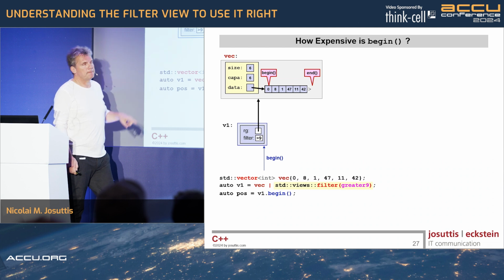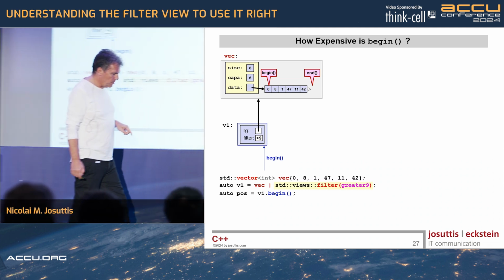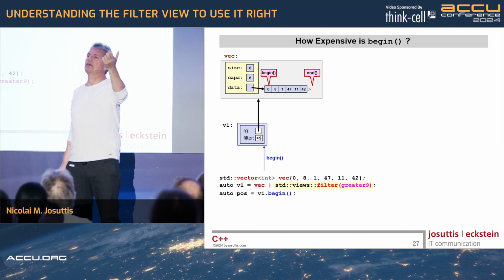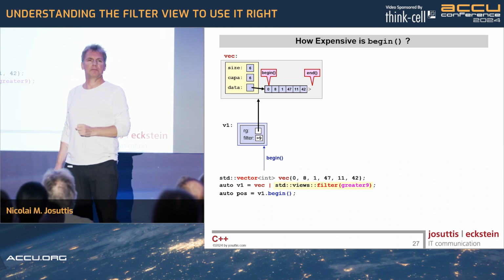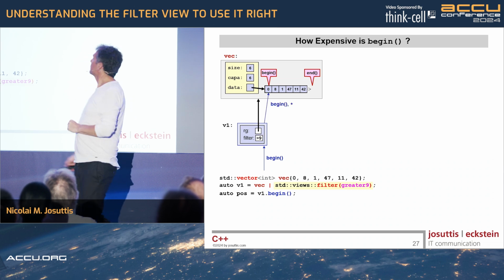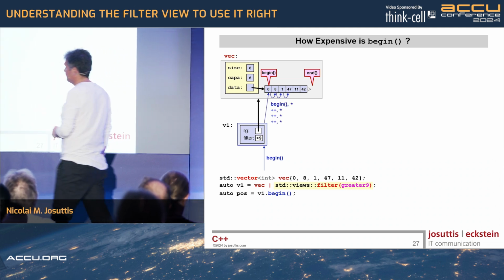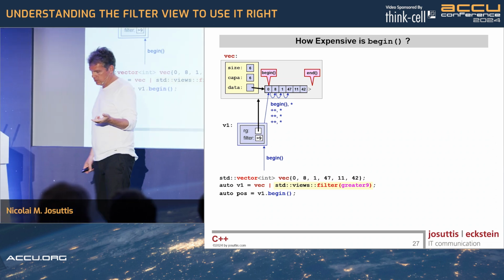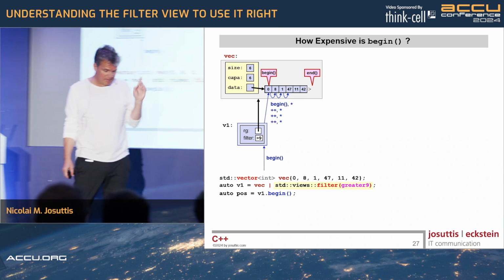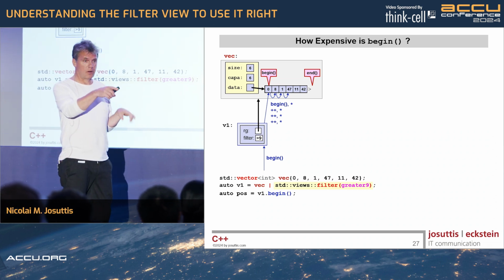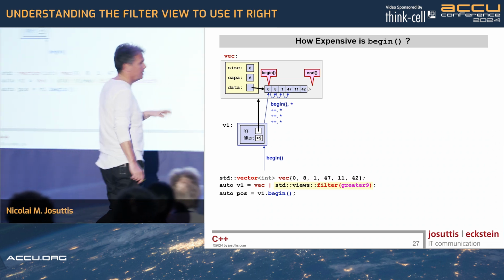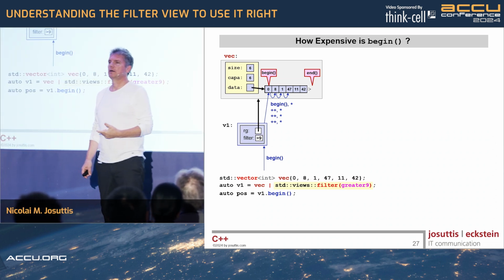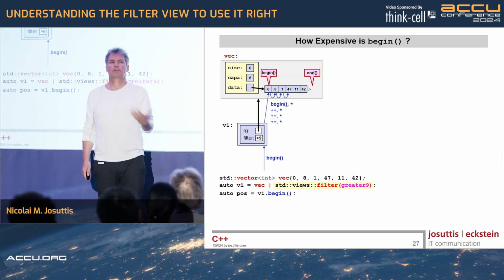If we call begin, then what this does, and you saw that, we call begin in the vector, and then we try to find the first element that is greater than 9. So we have to call star for the value. If it doesn't fit, call plus plus, and you're right, and call end to compare it. Right, I learned it now. And you have to do that in a loop until you have found your first element that fits.